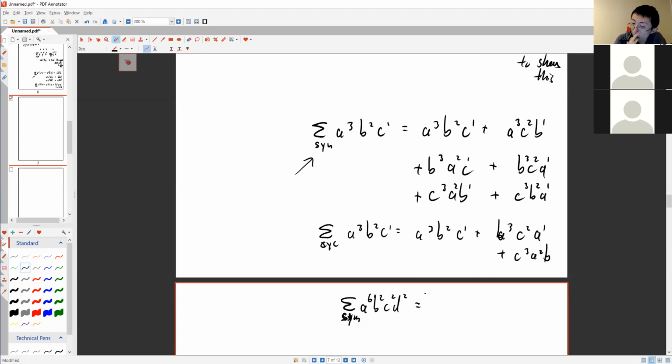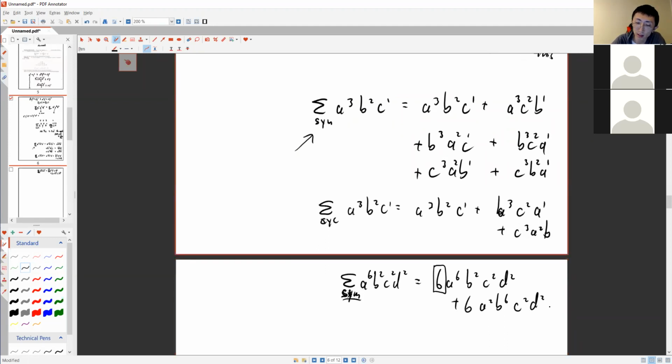Here you would get all things of the form like this, but there's 6 of them, plus 6 of these, because you do it over all 24, or 4 factorial, permutations. So you have to be careful that with the symmetric sum notation, you mean what it's supposed to mean. This is the standard definition of symmetric sum.